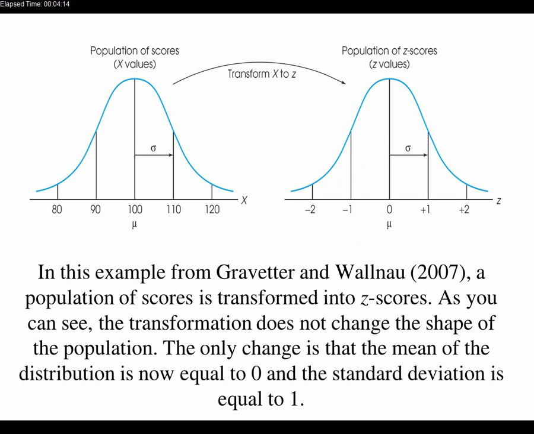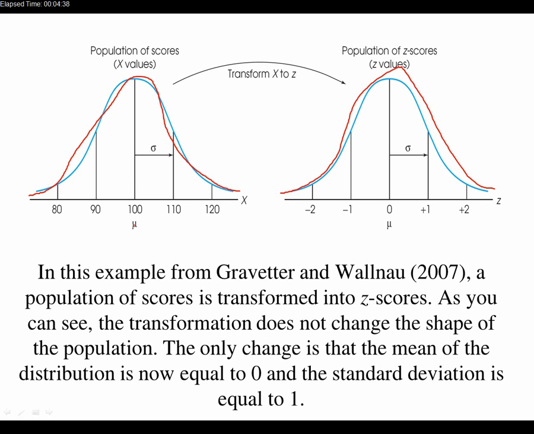Here's right from the book. A population of scores is transformed into z-scores. All right, as you can see, the transformation doesn't change the shape. The shape in both of them remains exactly the same. All right, the one on the right here is the z-scores. So these are showing the x values.